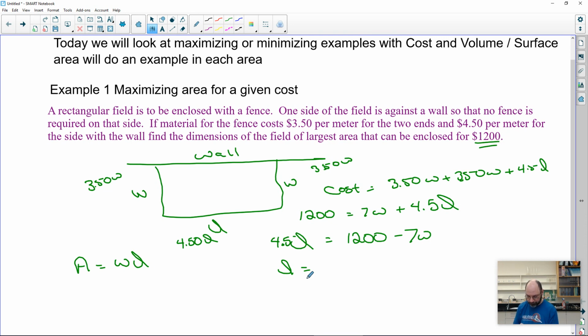That gives us 266 2/3. Okay, so we've got a little bit of rounding going on here, so it's going to give us a little bit of inaccuracy. So we'll just go 266.67, you could use fractions if you wanted. Minus 7 divided by 4.5. What is that?